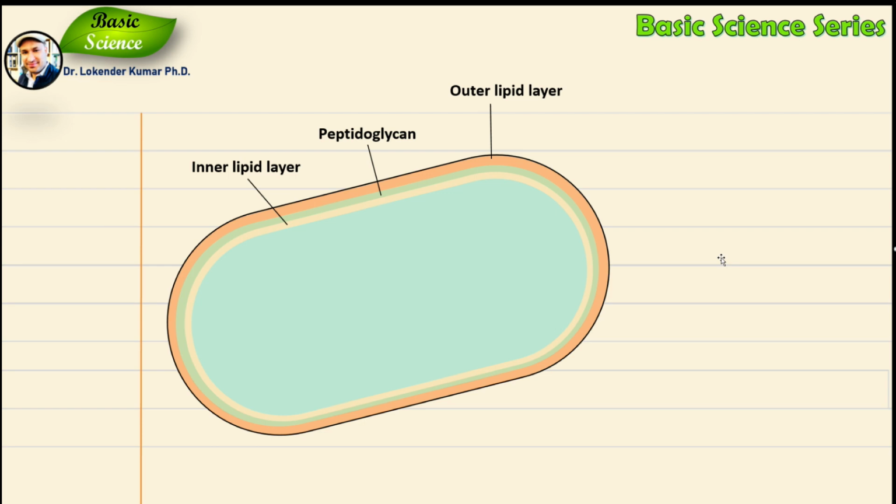If it is present on one side, then you can say polar flagellar bacterial cell. If you have a large number of bacterial flagella, then you can call it a polyflagellate bacteria, right?